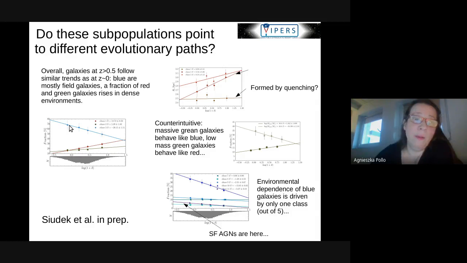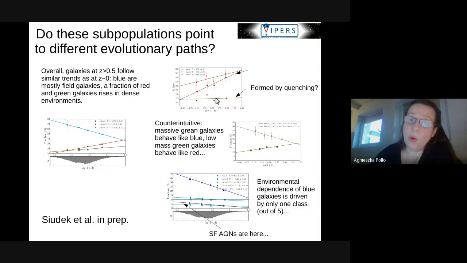We have more blue galaxies in the field. Their fraction decreases with the increasing local density. Red galaxies are more abundant in dense environments, and green galaxies follow a weaker but the same trend.